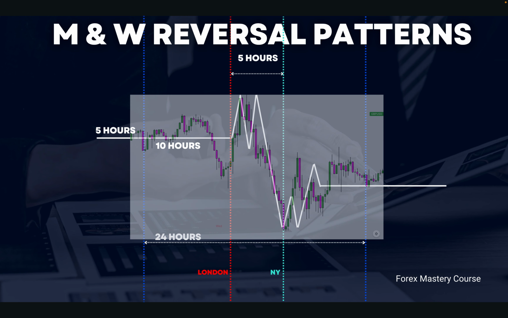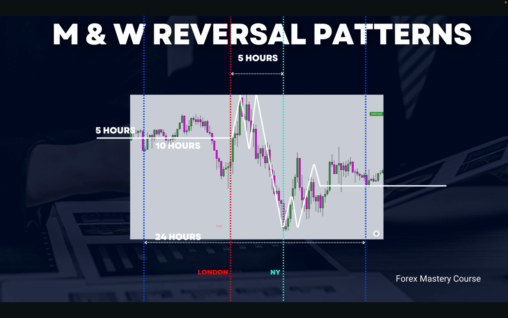And if we look here, this just represents an example of real data that we have on our chart right here for GBP USD. I believe this is the 15-minute time frame. We have 10 hours of basically consolidation.